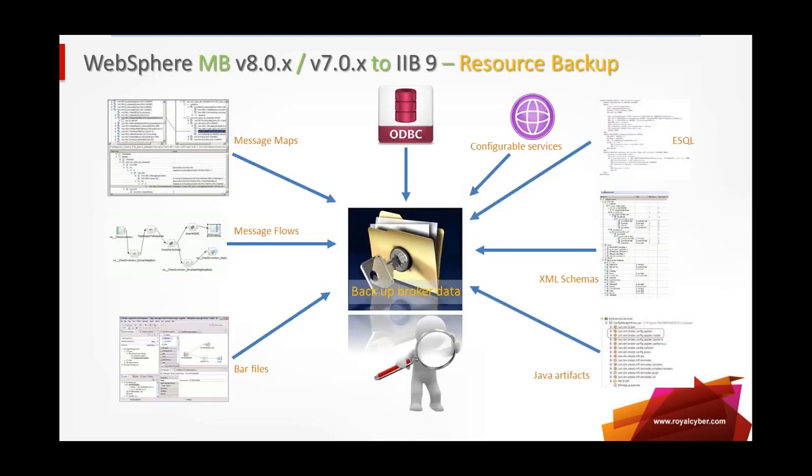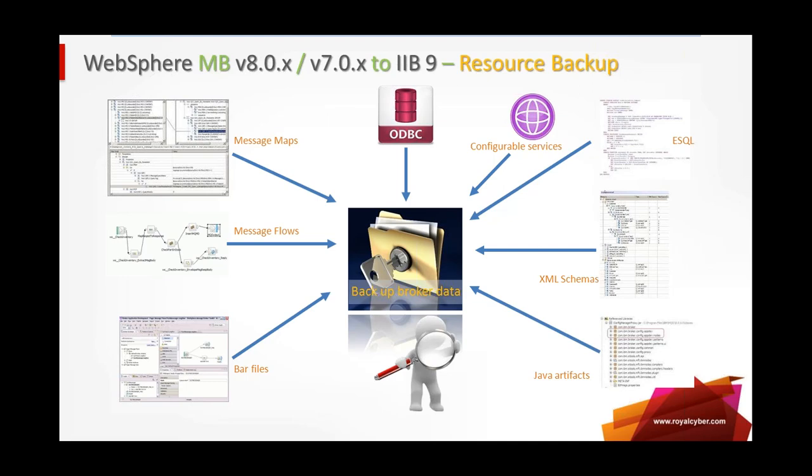So our first step before migration is to back up our resources. If you see this particular slide, we'll talk about what you have to take care of. To start with, all the ODBC configuration changes which you have made at your broker level, or the ODBC INI file. You have to back up those files before you start the migration.